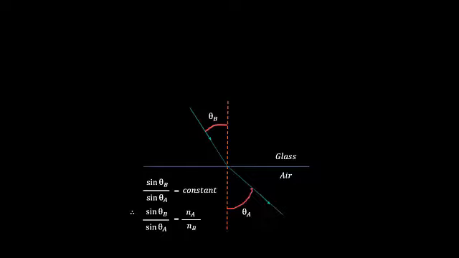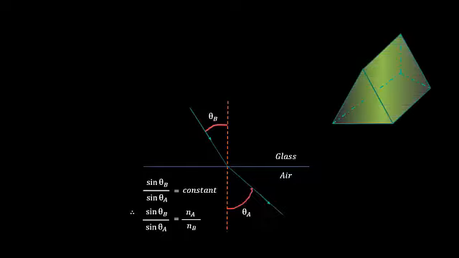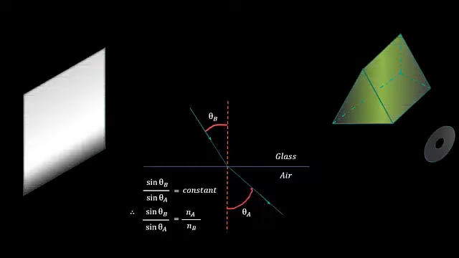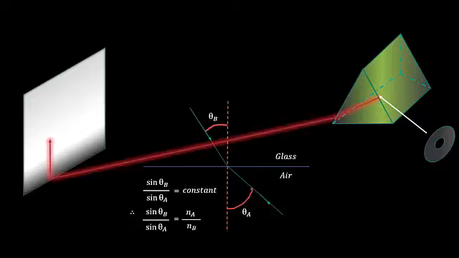Now, let's have an experiment. Suppose there's a prism and there's a screen. Now, through the hole, white light passes, and as the white light strikes the prism, it splits into 7 colors.